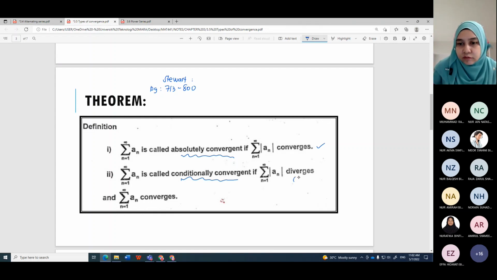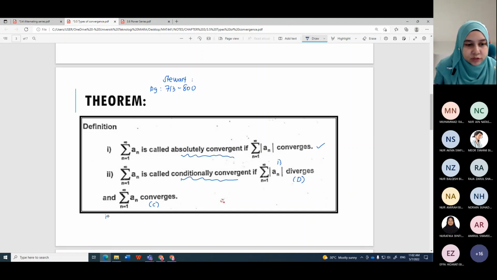So ni kita dapat diverge and converge. So maksudnya ni first test you perlu prove ni lah. If the series diverge, then we proceed to the second test, converge. If converge, so it is conditionally convergent.